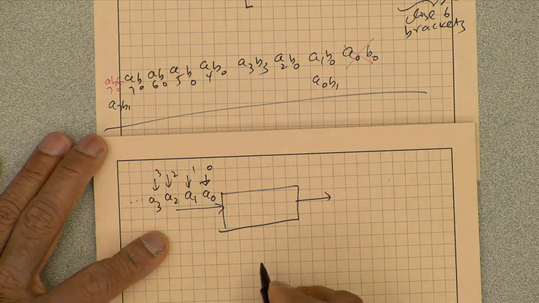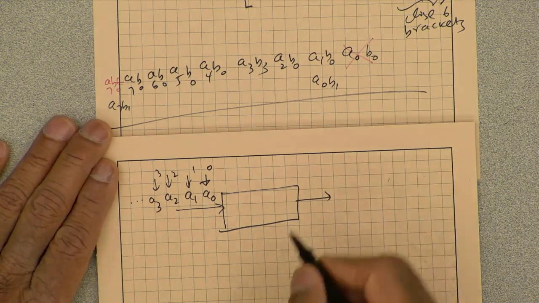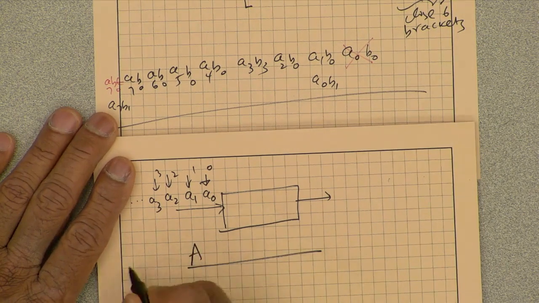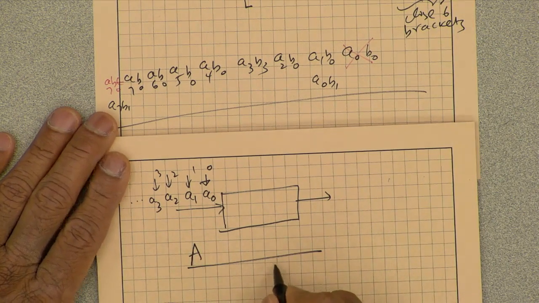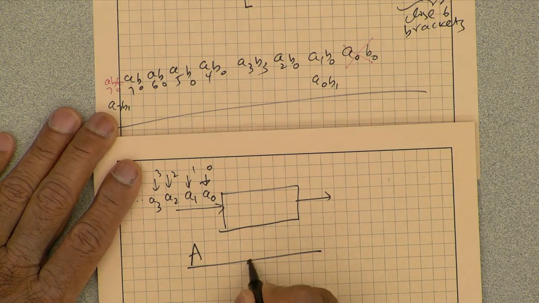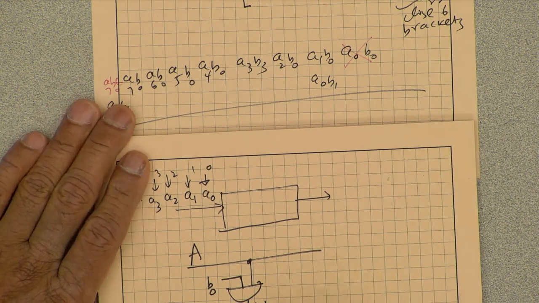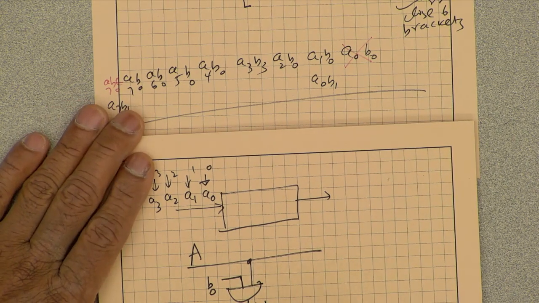Okay, so what this says here, I take this line A, so A is coming sequentially, and then we take the partial product with respect to bit B0. So now I have computed A times B0. The next step involves multiplying this.